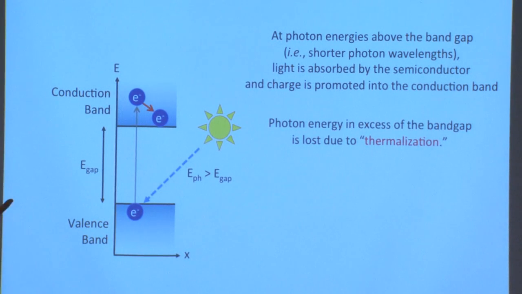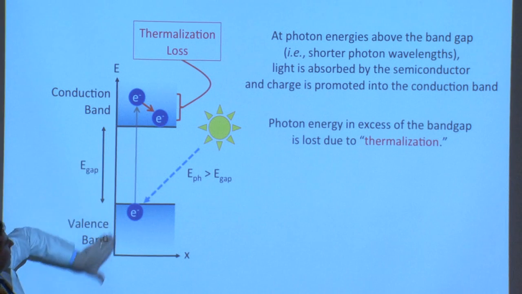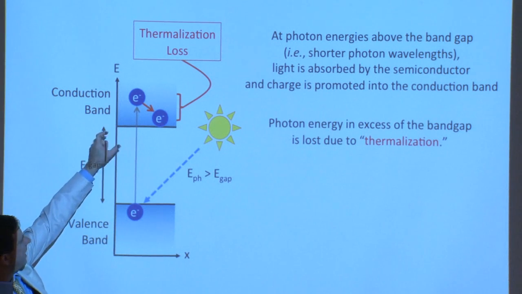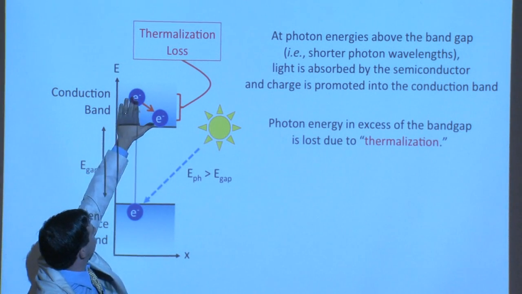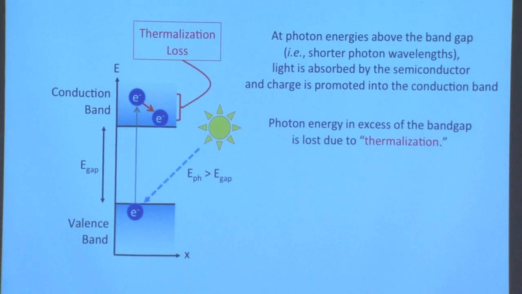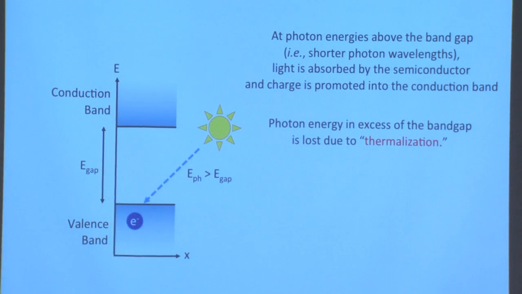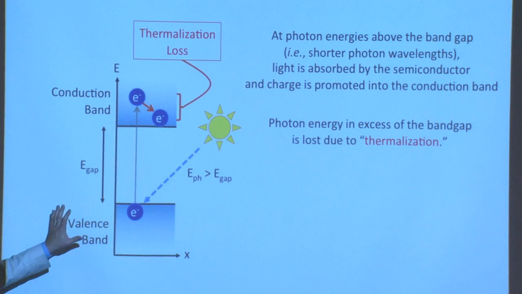And this little arrow shown in red right here has a component in the y-axis, in E space here, which is a finite energy. We can quantify that. That thermalization loss right there is the difference between this energy level and that energy level of the electron. And so that's the thermalization loss. That is another type of loss in a semiconductor crystal. So we've discussed two so far.